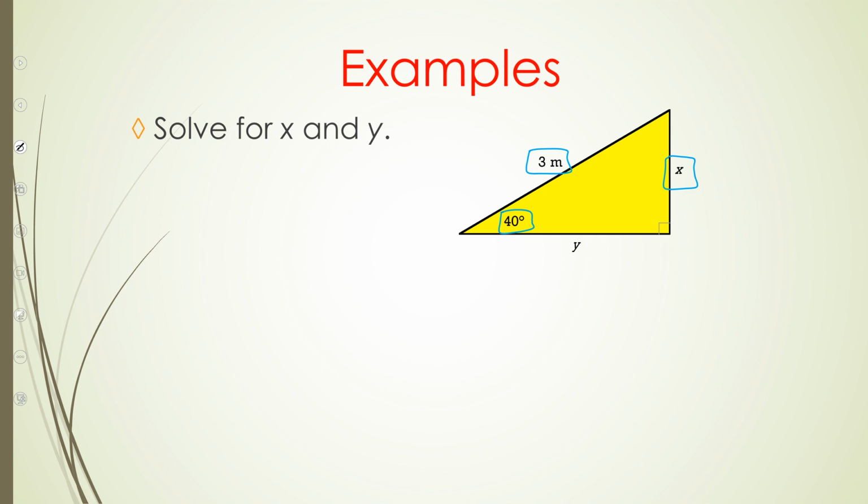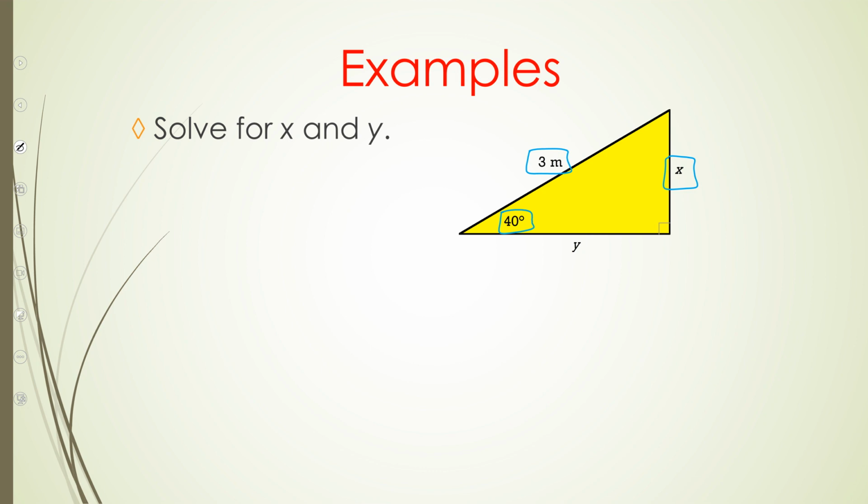Okay, so I ask myself, what sides do I know? What side am I looking for? And what's the relationship between those sides? So I know that the 3 is the hypotenuse. Got that. Is the x the opposite or the adjacent? It's the opposite side. So then I ask myself, what trig function uses opposite and hypotenuse?